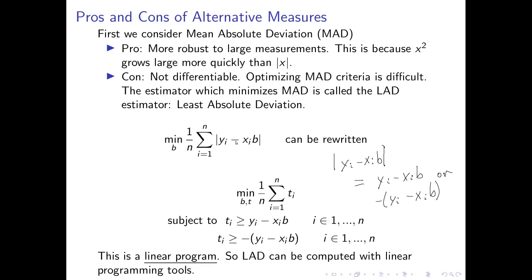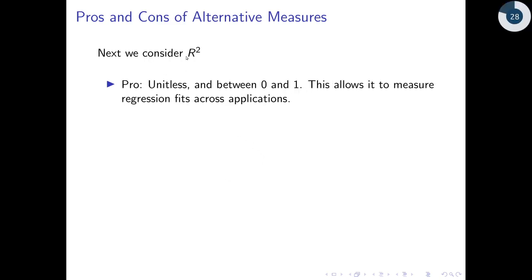We won't talk about details of that, but computation is not too difficult. It doesn't have a closed form solution the way that the least squares estimator does, where we can write x transpose x inverse x transpose y, but we can solve for it as a linear program. So that's the least absolute deviation estimator and mean absolute deviation.